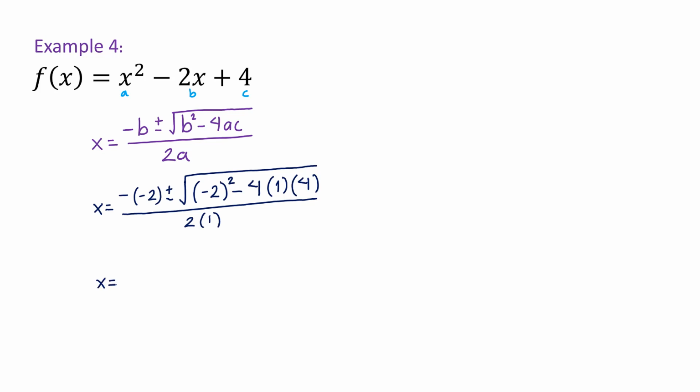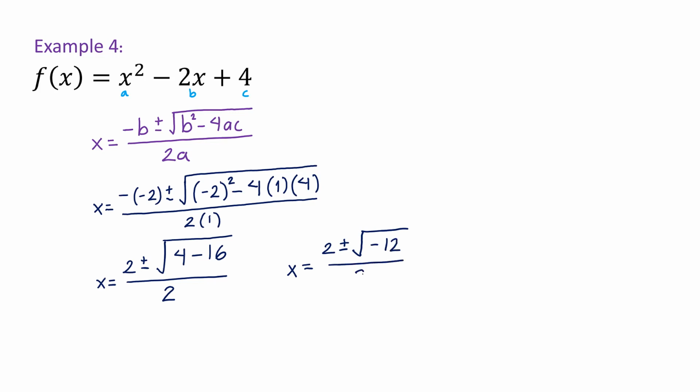X equals minus 2 is positive 2, plus minus the square root of minus 2 is positive 4. Minus 4 times 1 is minus 4. Times 4, that's minus 16. Over 2 times 1 is 2. Now x equals 2 plus minus the square root of 4 minus 16 is minus 12 over 2.